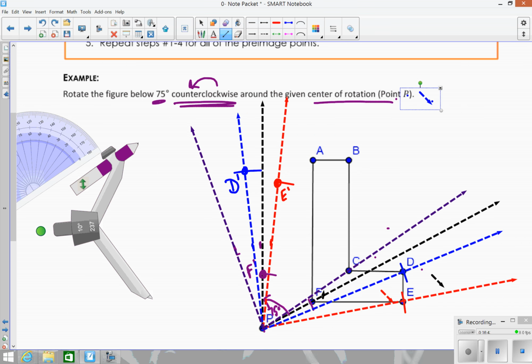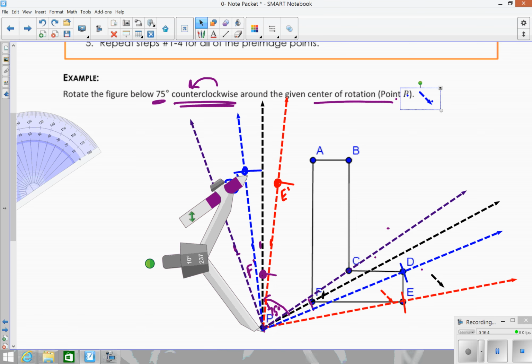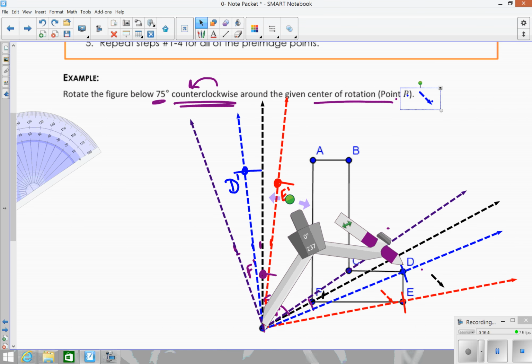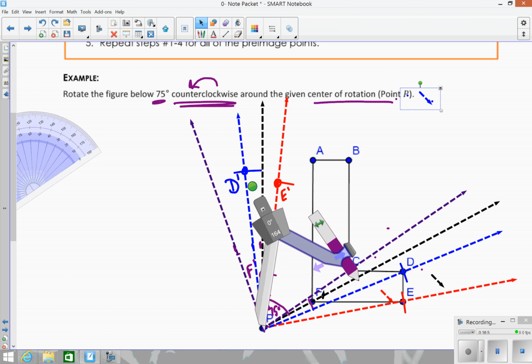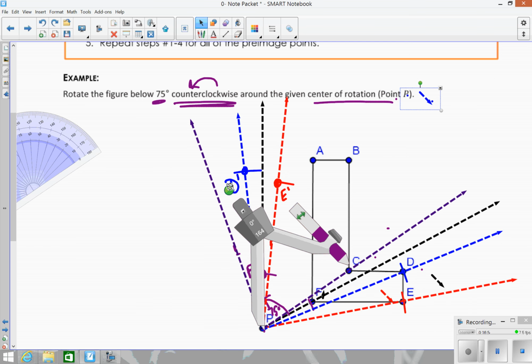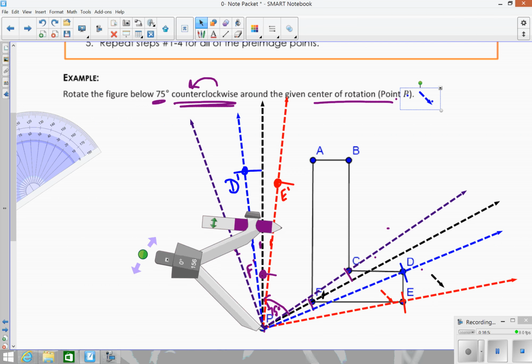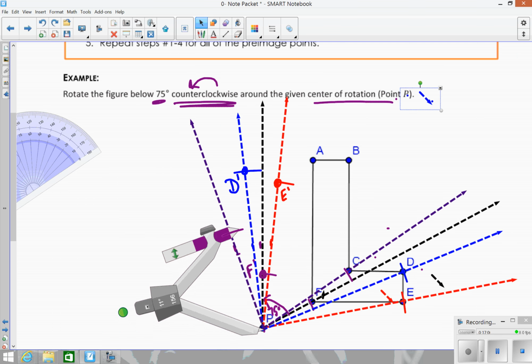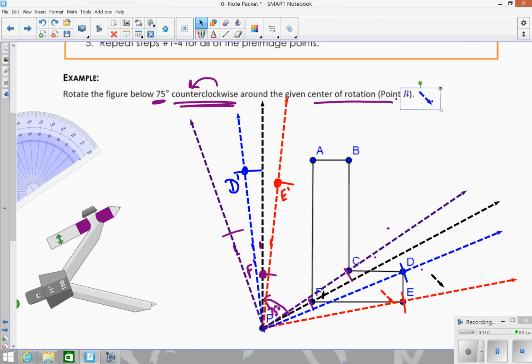And then using the compass next to measure to point C. So you can tell this gets really crowded with all your stuff because there were so many points. So color coding is definitely going to be helpful here. So this is going to be C prime.